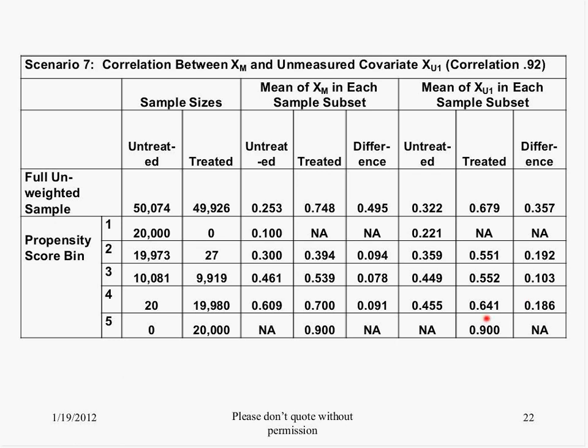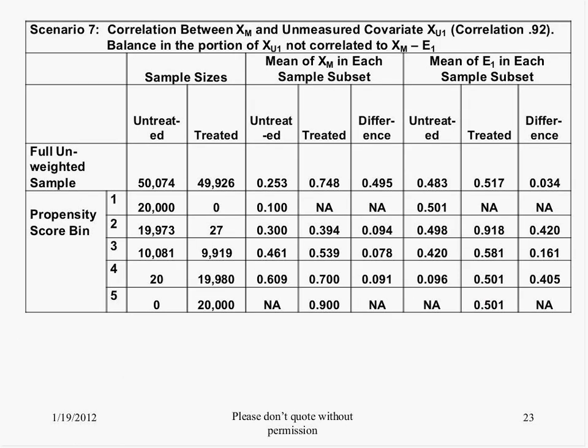But on the next slide, this is the same information as on the last slide, but instead of graphing XU1, we're graphing the portion of XU1 that is unrelated to XM.